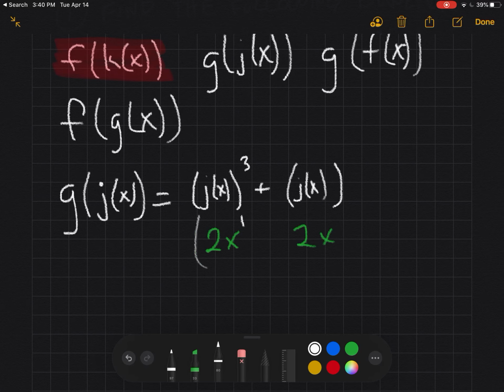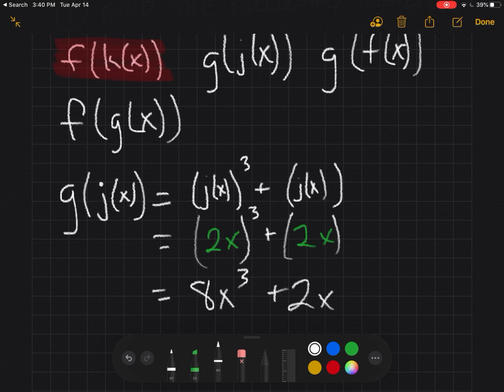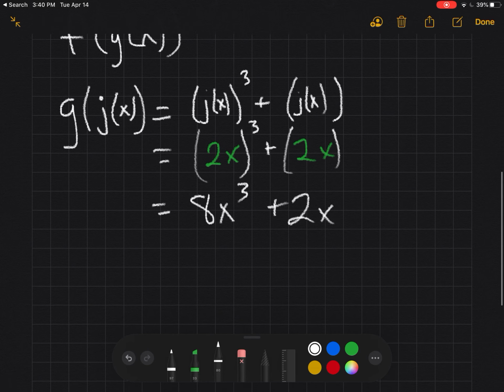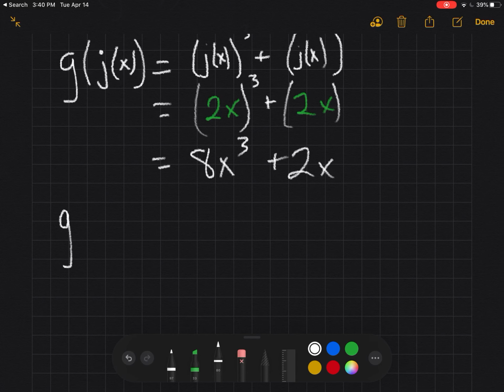Now what is j of x equivalent to? J of x is the function 2 times x. So this is going to be 2x and 2x. I'm going to cube it and add it here. And that's going to give me 8x cubed plus 2x.